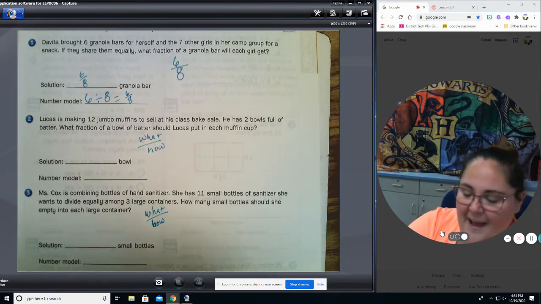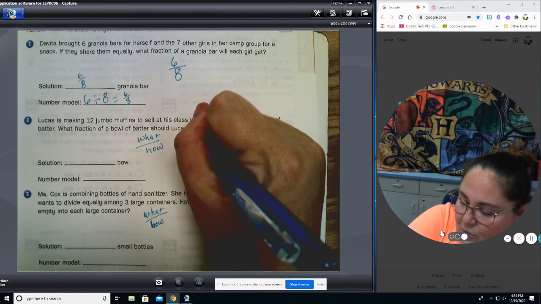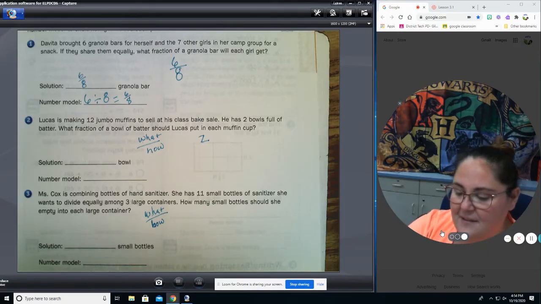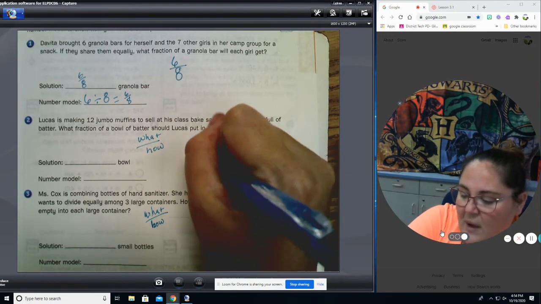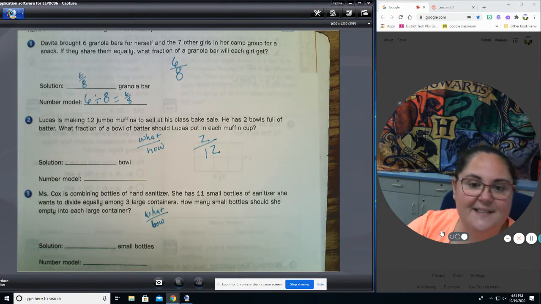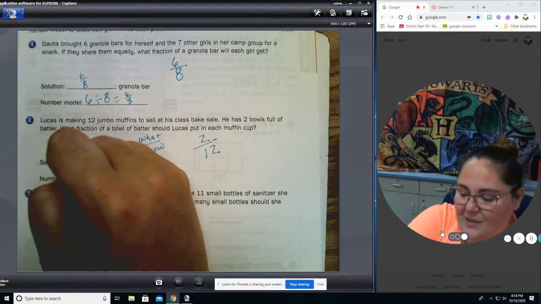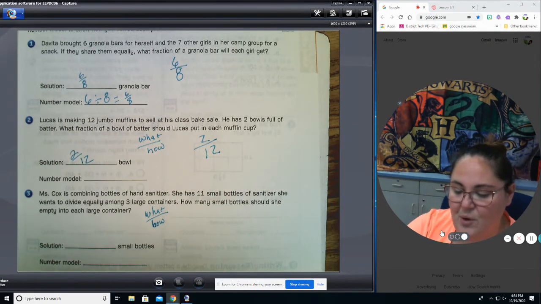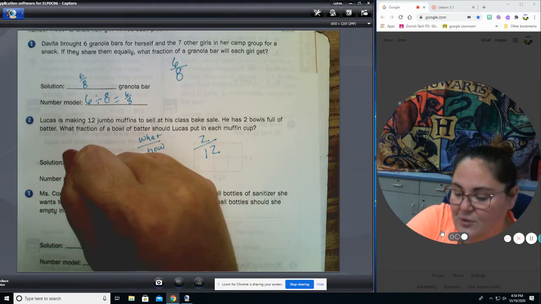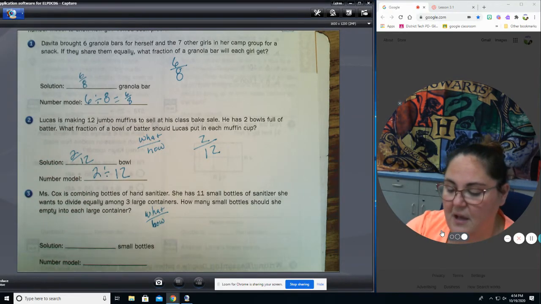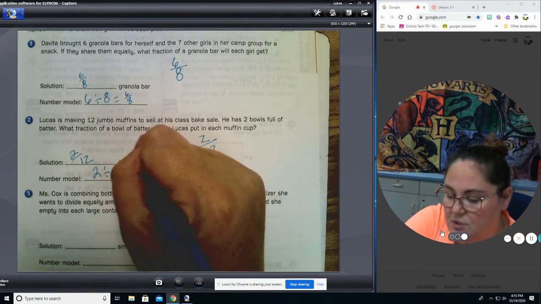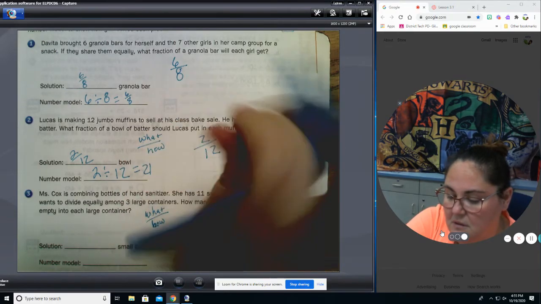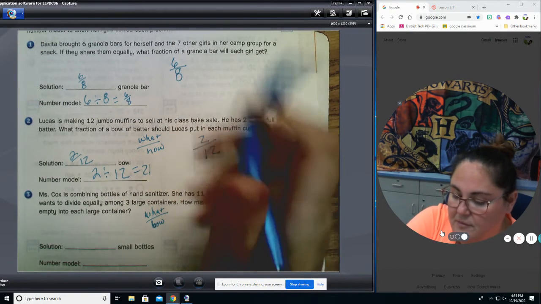I'm dividing that batter. So 2 bowls of batter divided by 12 muffins. 2/12 of a bowl. My number model is going to be 2 divided by 12 equals 2/12.